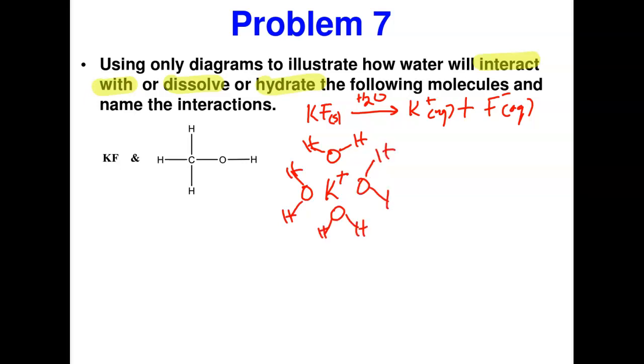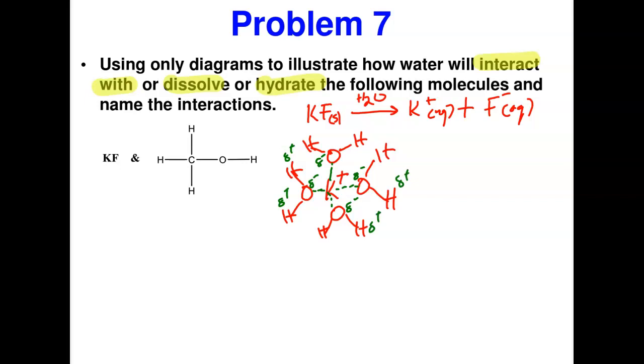This is what the interaction will look like. And if I use a dotted line, this is what it looks like. And of course, this is partial negative, partial negative, partial negative, partial negative, and this is partial positive. I don't want to put all of them.